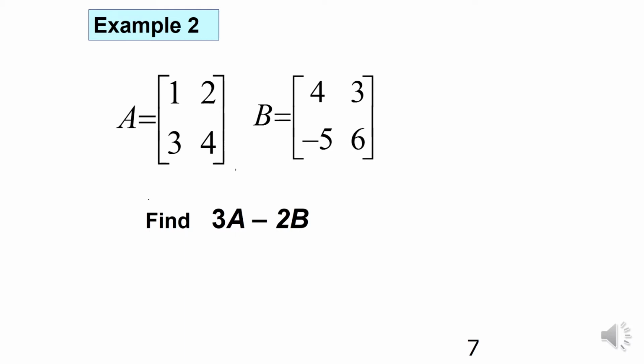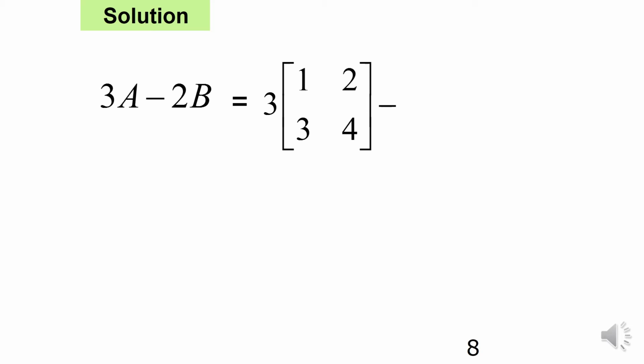So we have a scalar here, 3 times matrix A, minus 2, a scalar here, times matrix B. For the solution, we just write down the scalar 3 times matrix A, 1, 2, 3, 4, minus scalar 2 times matrix B, 4, 3, negative 5, 6.